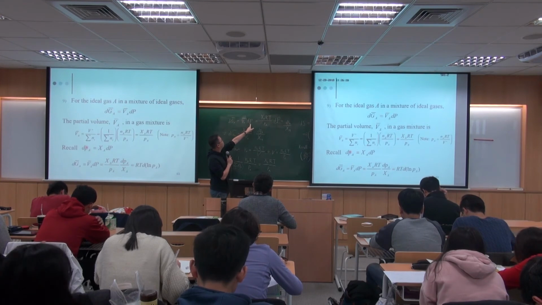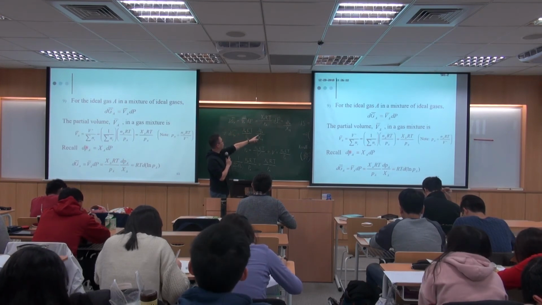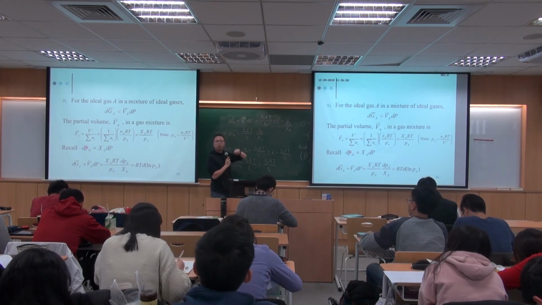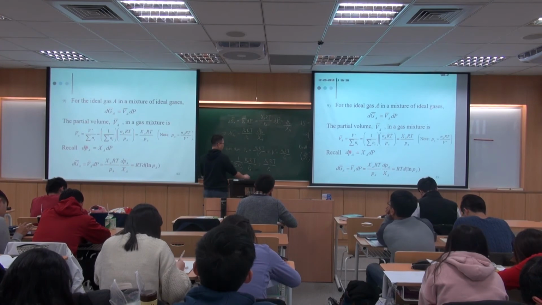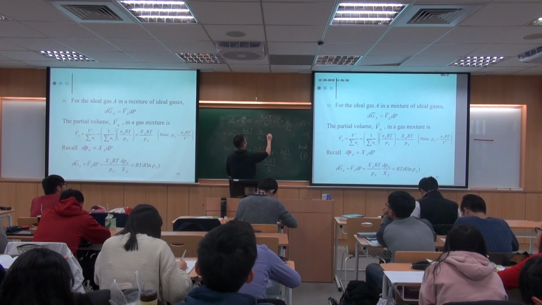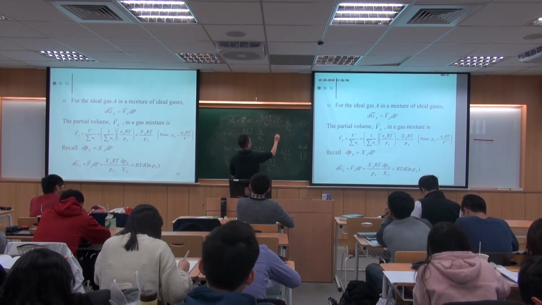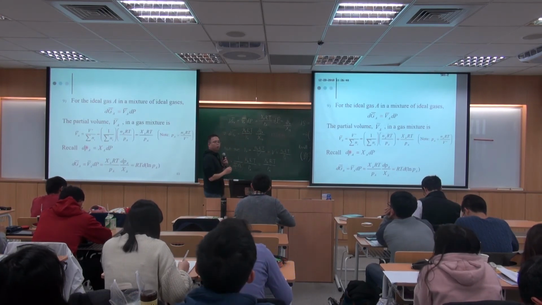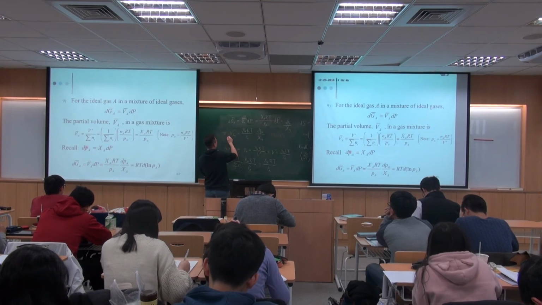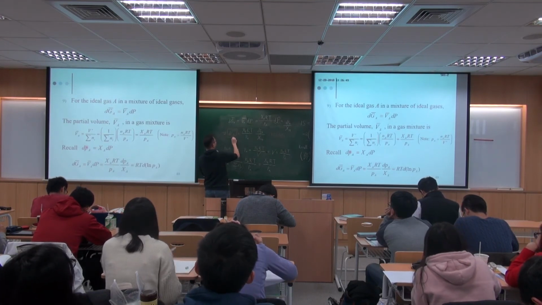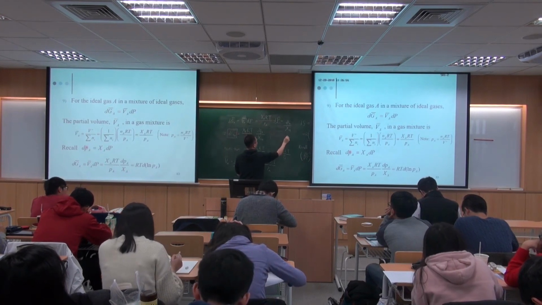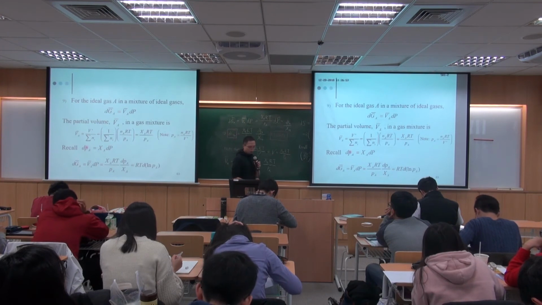And for the pressure of the whole system, we also do the same trick to represent this term using the molar fraction and the partial pressure. So it turns out that these two will cancel out. So you are left with RT d log of the partial pressure of particle A. So the change of the partial molar Gibbs free energy is RT d log partial pressure A.